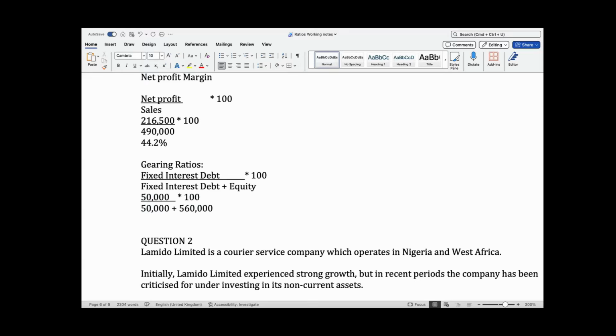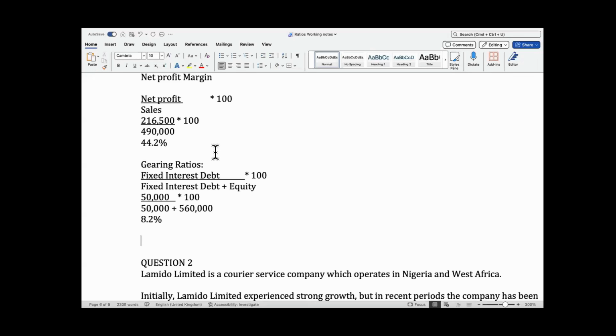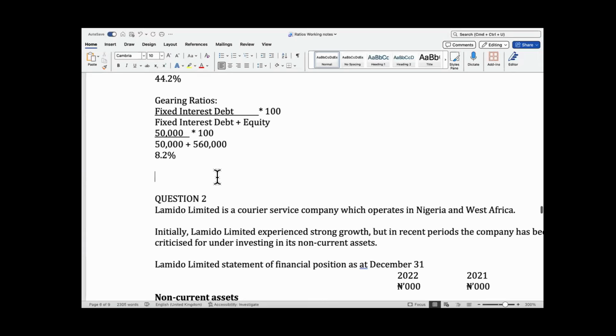What does that give us? That's around 8.2%.